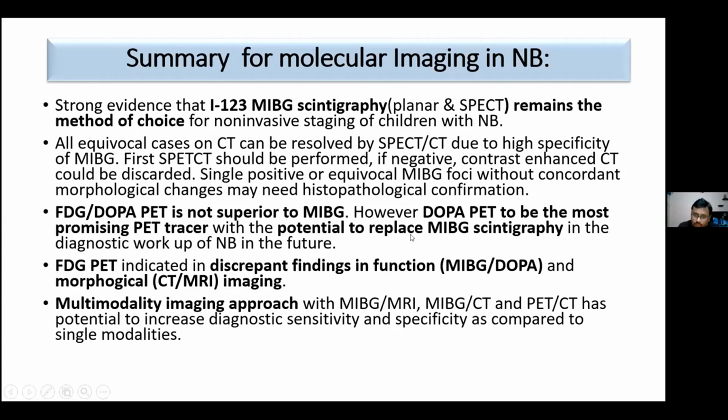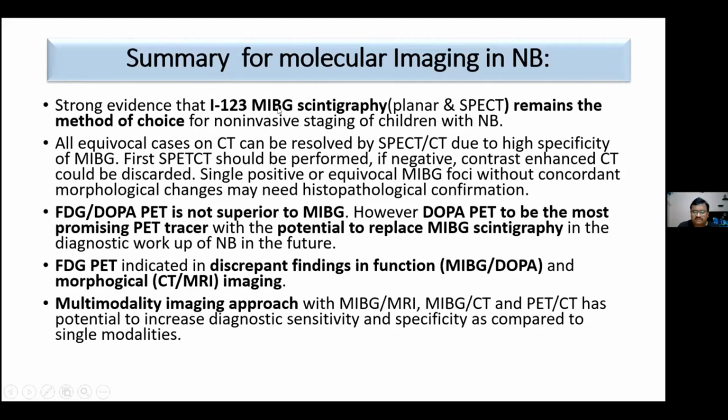They are more promising than even DOPA. FDG PET is indicated for discrepant findings in functional and morphological imaging. So basically if you have MIBG negative cases or discrepant findings, you can do FDG PET. A multi-modality imaging approach with MIBG, MRI, MIBG CT or PET CT has the potential to increase the diagnostic sensitivity and specificity as compared to the single modalities.